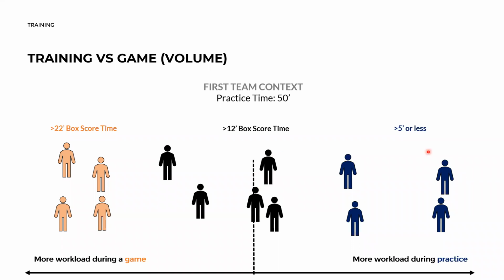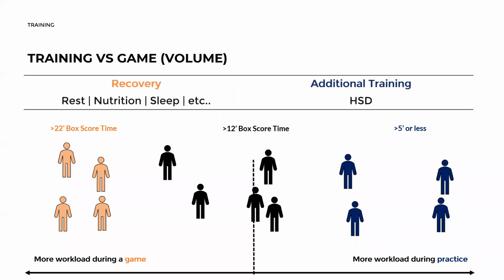And for unselected players, it's obvious that practice supposes more external workload than a game. So we should take into consideration, and as I explained before, fringe or unselected players should do additional training to compensate the workload.